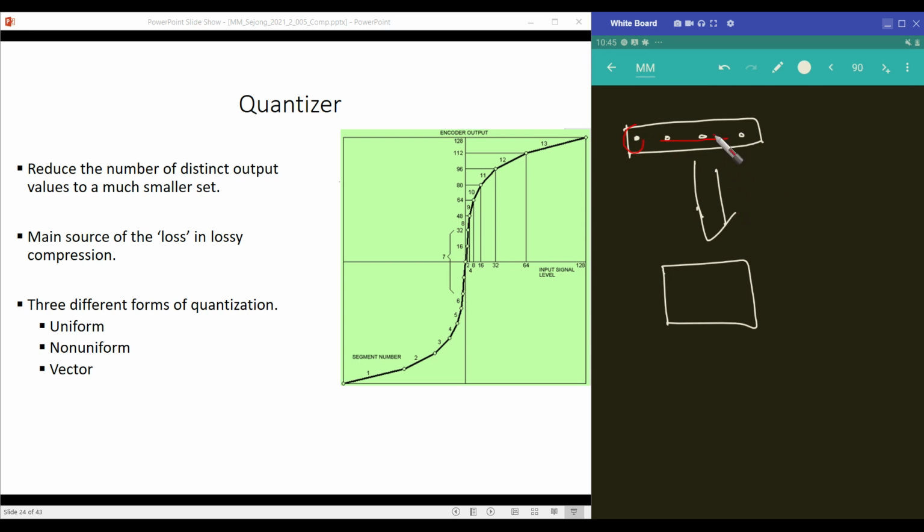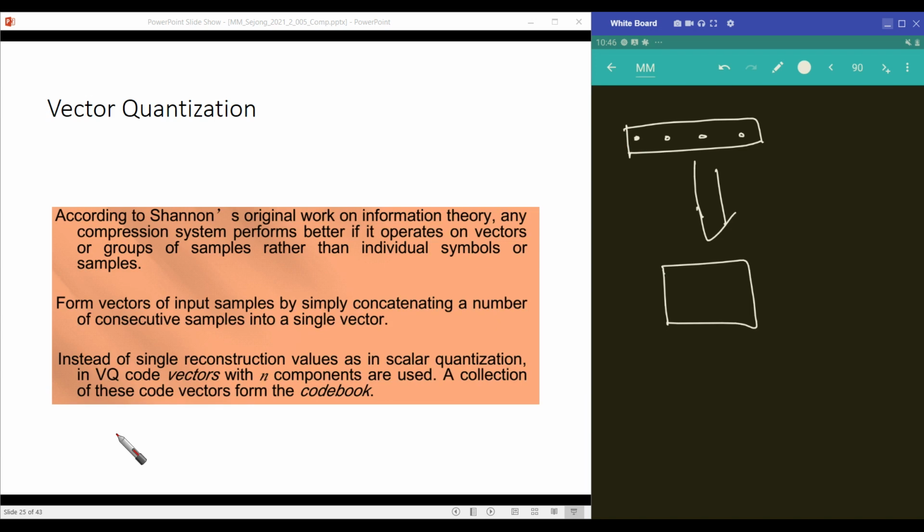That's why this is called vector mapping or vector quantization. We will see how it becomes advantageous. And there is a theory on that, again Shannon worked on this. They say that vector quantization always performs better.